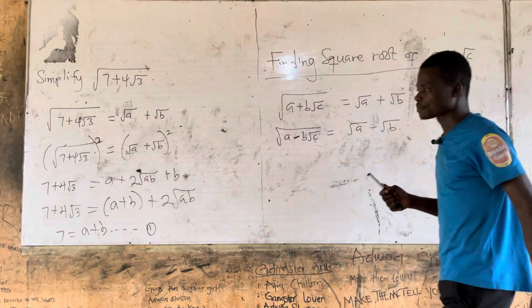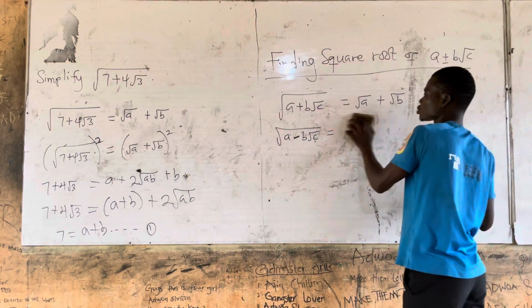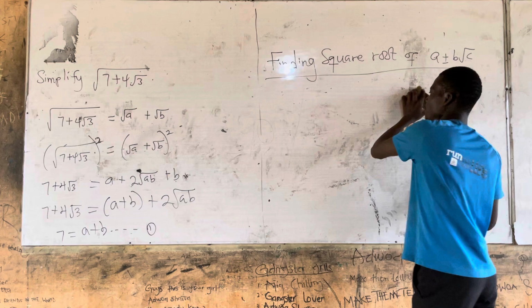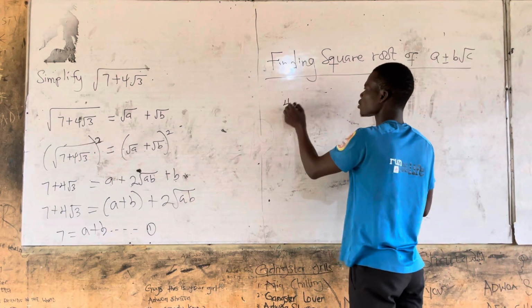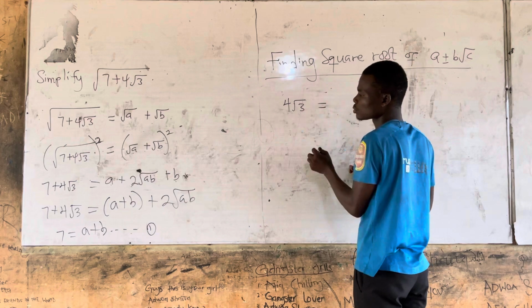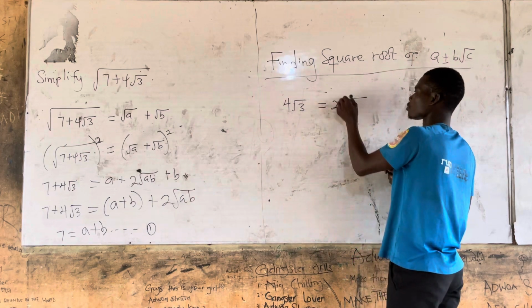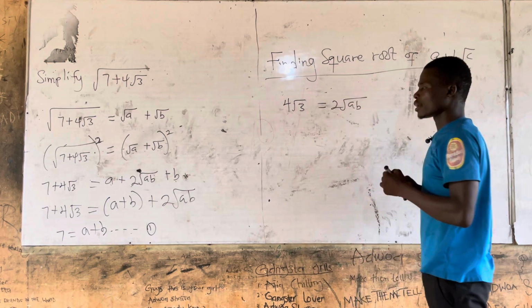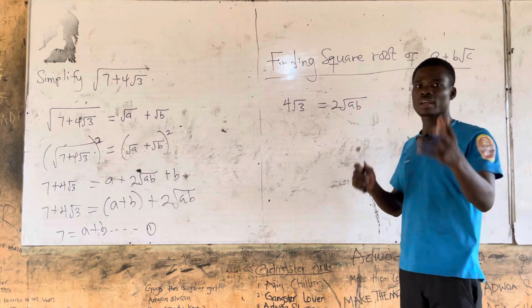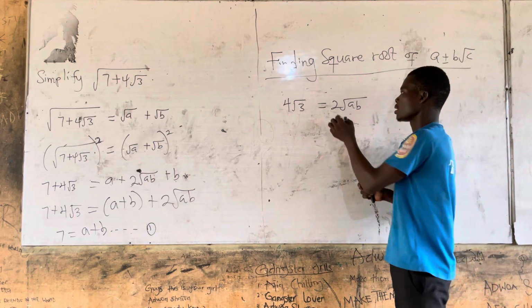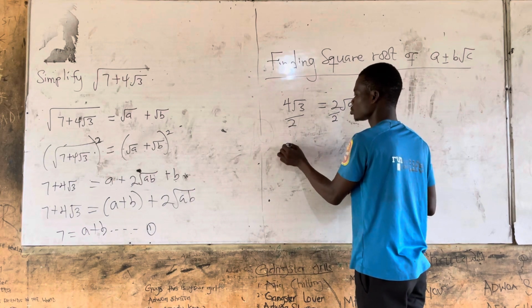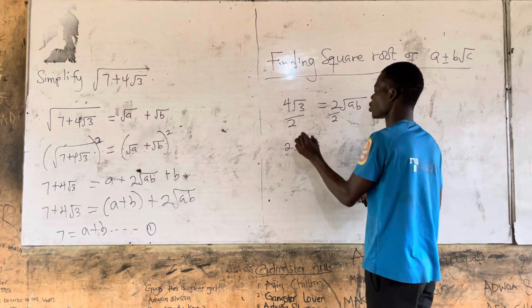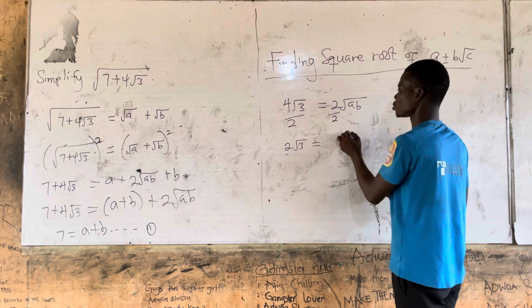So after that, you move on to take those that involve the square root. That's 4 root 3 is equal to 2 root of what? ab. And on this note, we divide here by 2, here by 2. We are going to get 2 root 3 is equal to root of what?